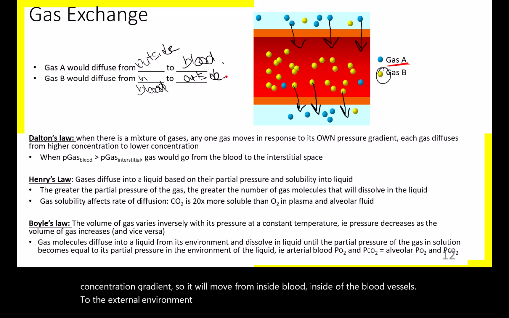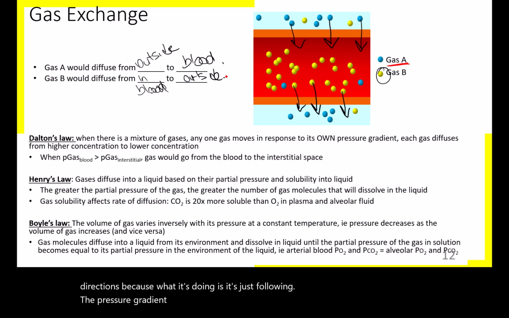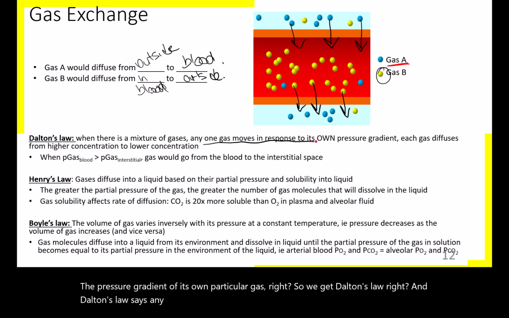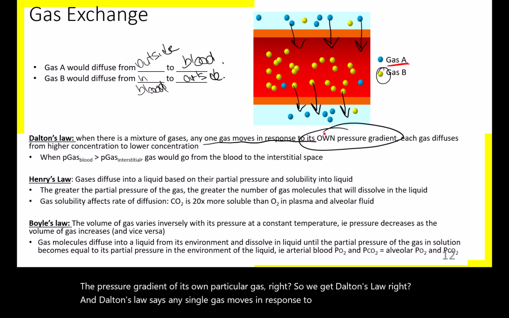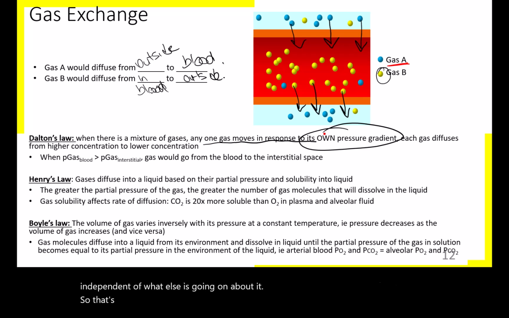So both these gases move in opposite directions because each is just following the pressure gradient of its own particular gas. So we get Dalton's law, which says any single gas moves in response to its own pressure gradient, independent of what else is going on around it.